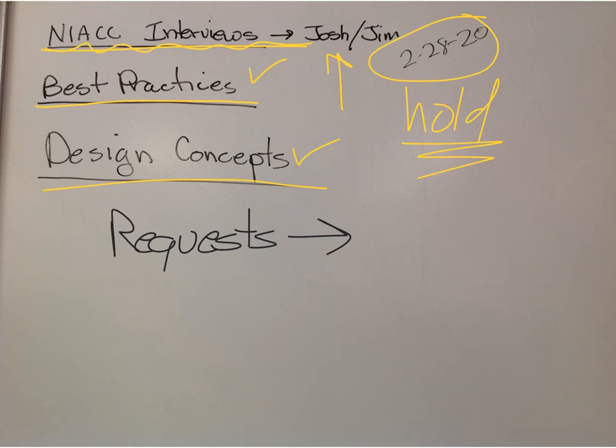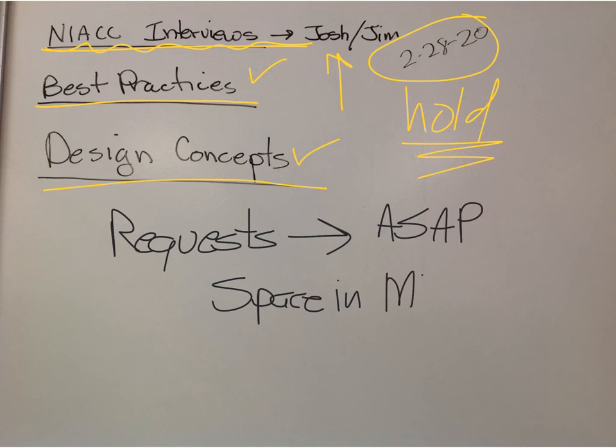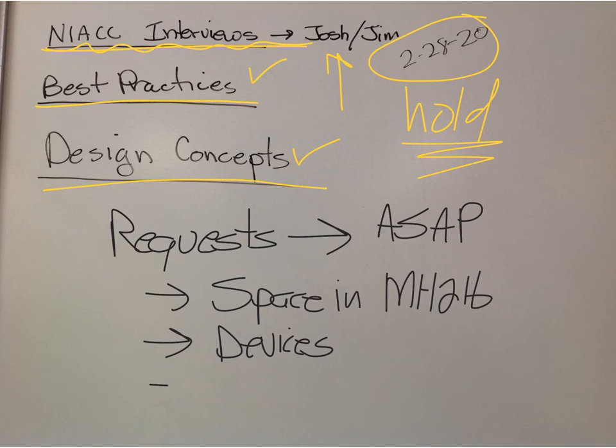We need to get the big requests for next year, so we need to look at the space in MH216, devices, computers, how we want to do that. Kind of have to look at the space to see how the devices will fit in and what major work may need to be done.